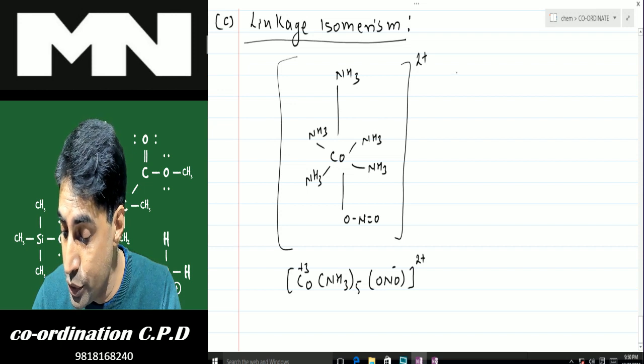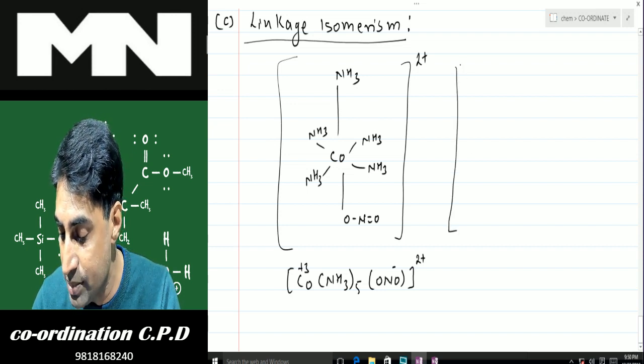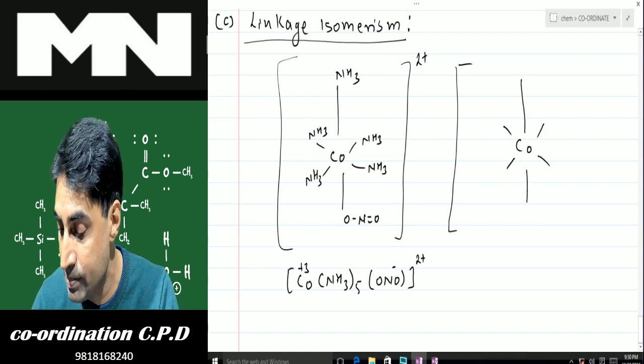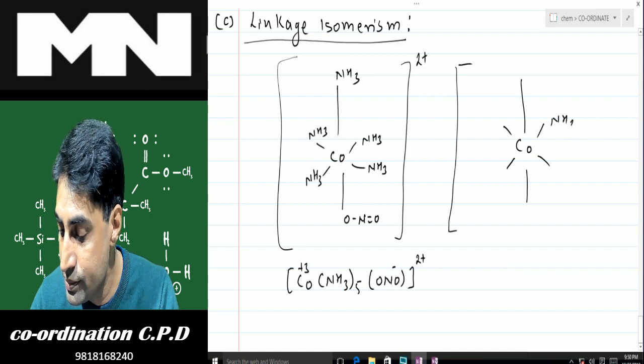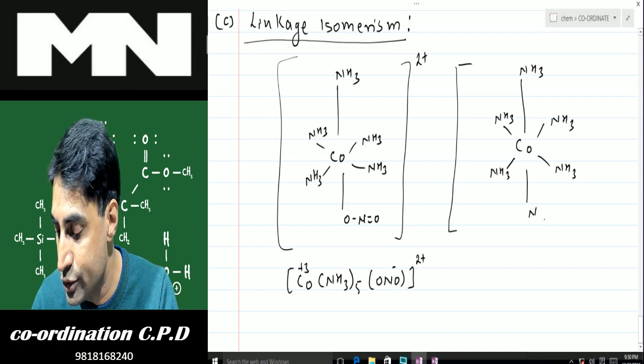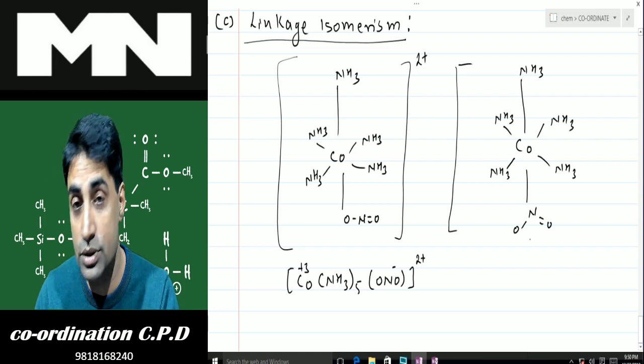Now I'll show you the isomer of this compound. Again, I've got cobalt, 1, 2, 3, 4, 5, and 1, 6. NH3, NH3, NH3, NH3, NH3. But this time it is nitrogen which is forming the bond. Because in nitrite ion, both oxygen and nitrogen can form a bond.